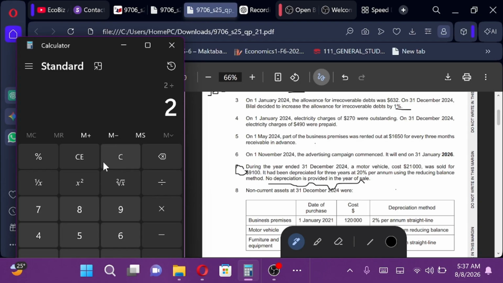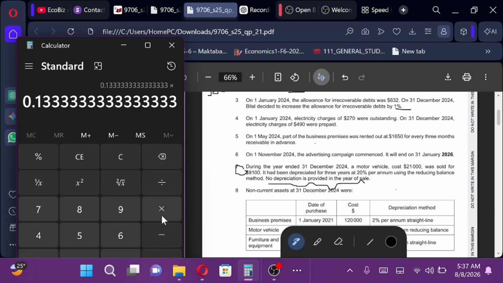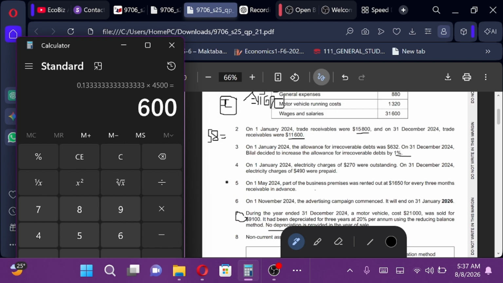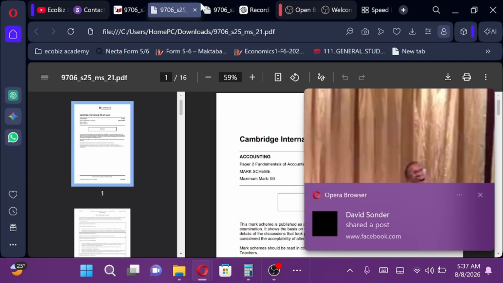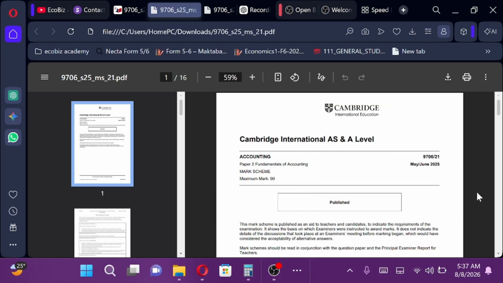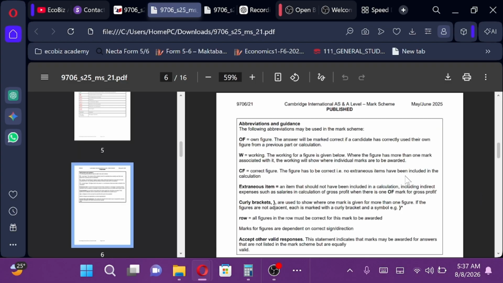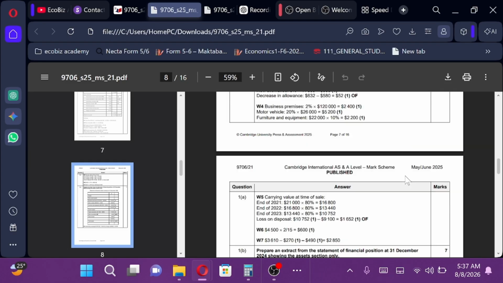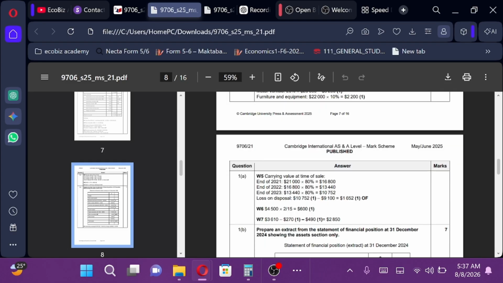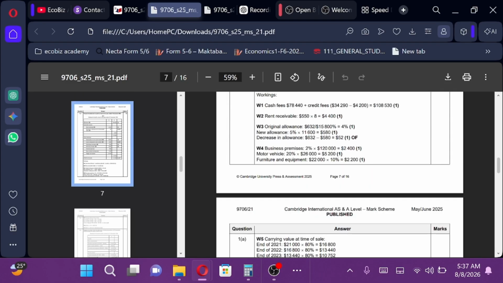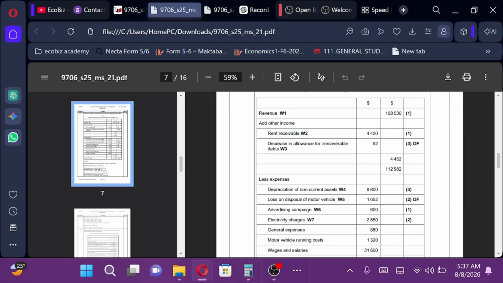So we divide by 15. What do we get? We get this disgusting decimal number. Now we'll times it by 4,500 to get 600. Now 600, sorry guys about that, 600 is actually correct. So simply, we're going to put that in less expenses because it's another expense.